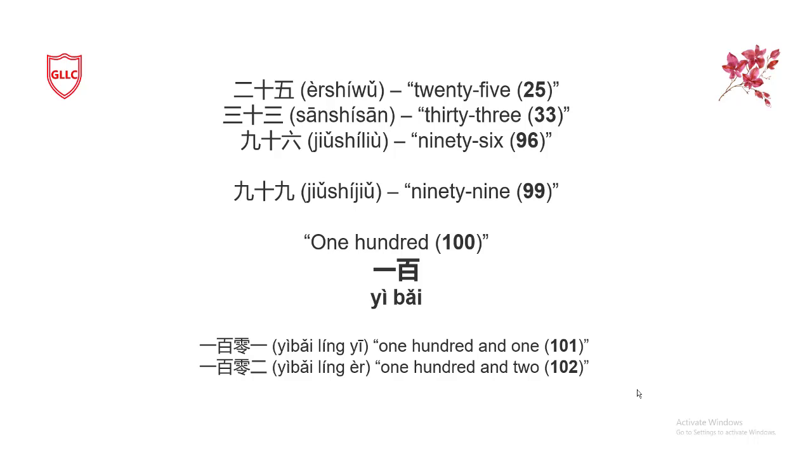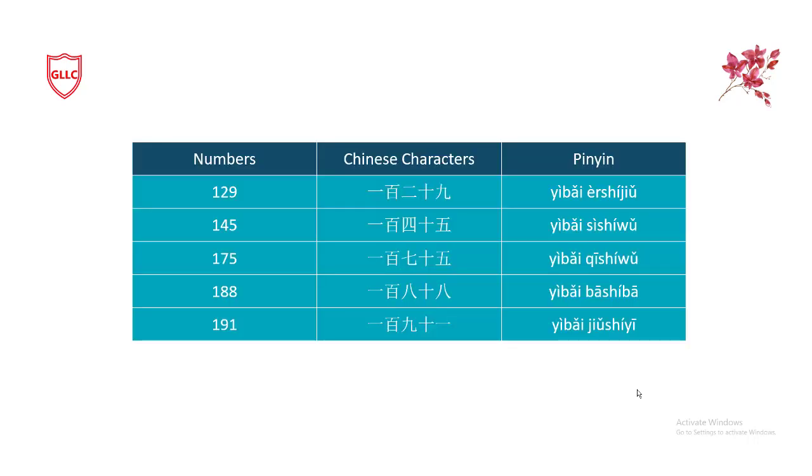So we can make it 100 plus 0 plus 1. So it will be 101. yībǎi ling er means 102. In the same way we continue: 103, 104, 105.